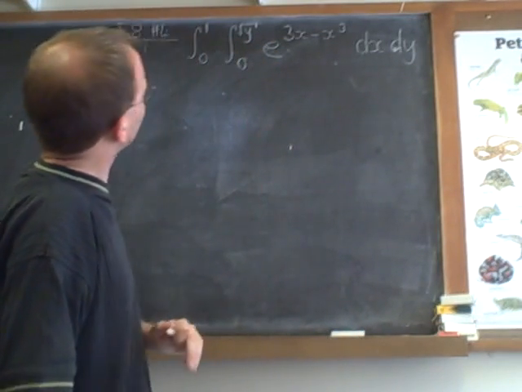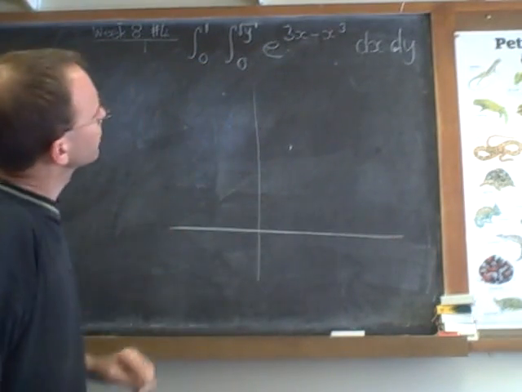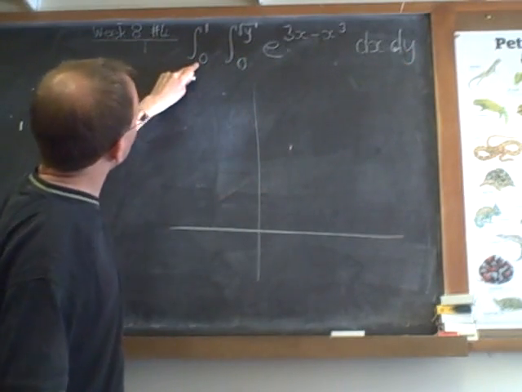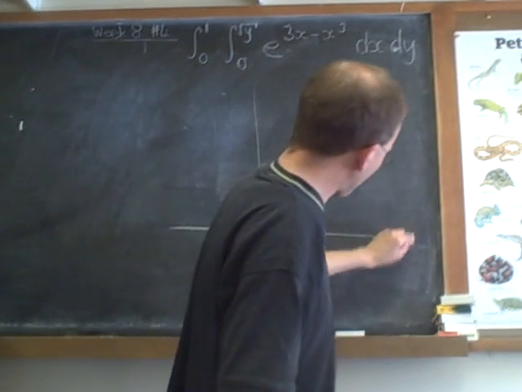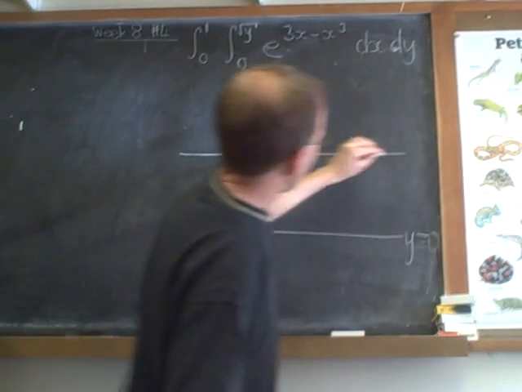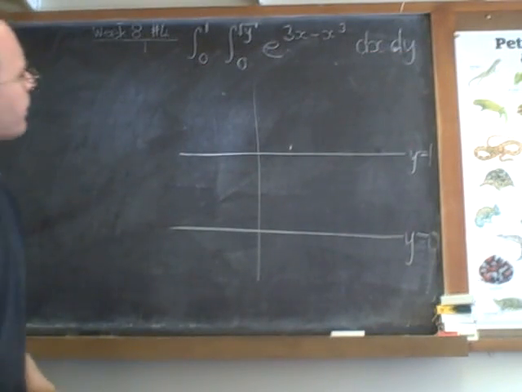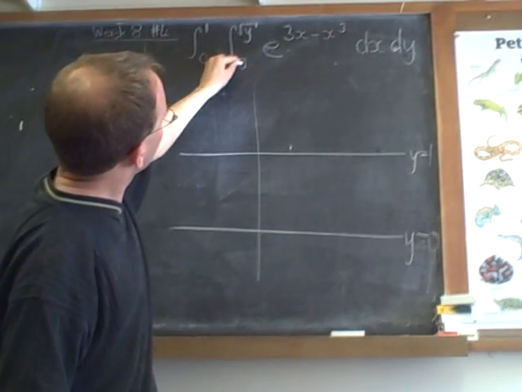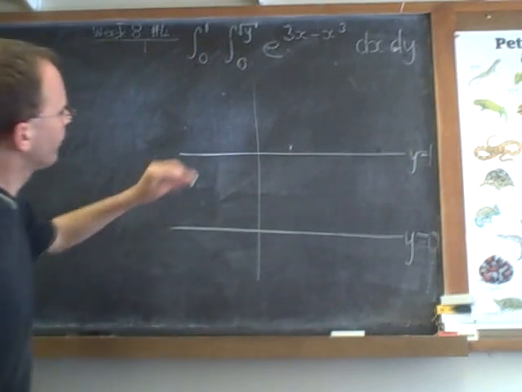So using the limits, we have y on the outside, and this is y equals 0 and y equals 1, bounding the region. So let's put those in as y equals 0 and y equals 1. Now moving in, we've got x equals 0 and x equals root y, bounding the region.